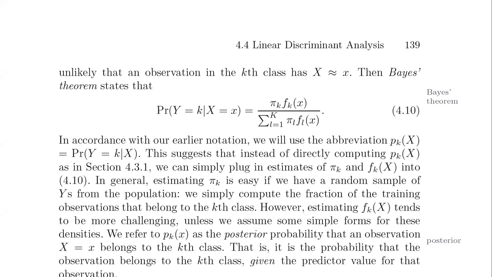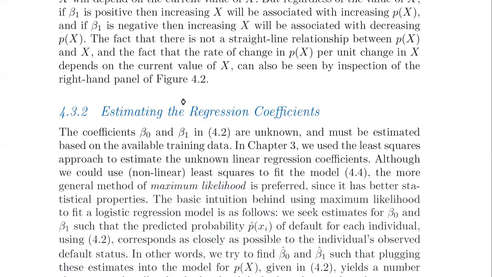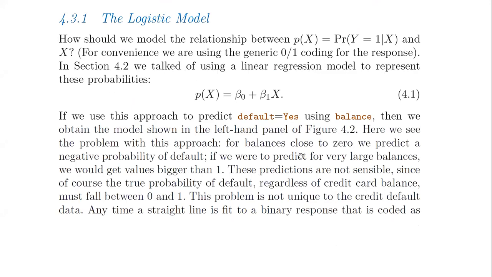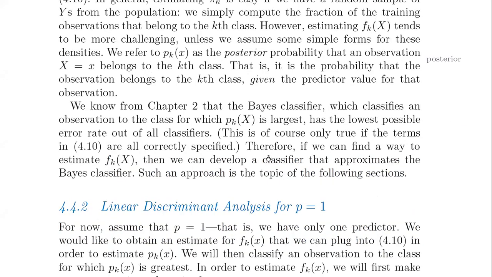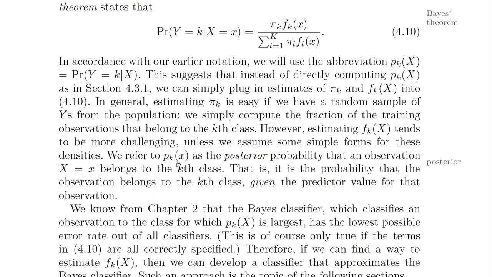This suggests that instead of directly computing the probability that Y is k given X, as in section 4.3.1, so this is the logistic model, we can simply plug in estimates of pi k and f k of x into 4.10.